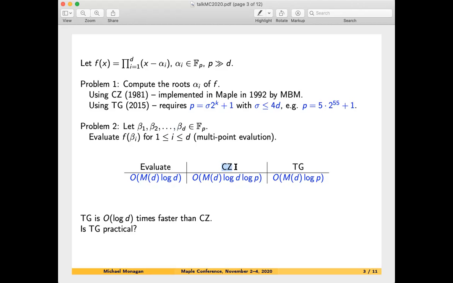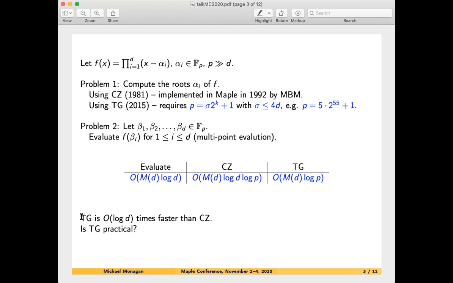The cost of computing the roots with this Cantor-Zassenhaus algorithm is order M(d) log d times log p. So there's an extra log factor there. And the cost of computing the roots with the new tangent graph algorithm is order M(d) log p. And you'll notice that it's a factor of log d better.